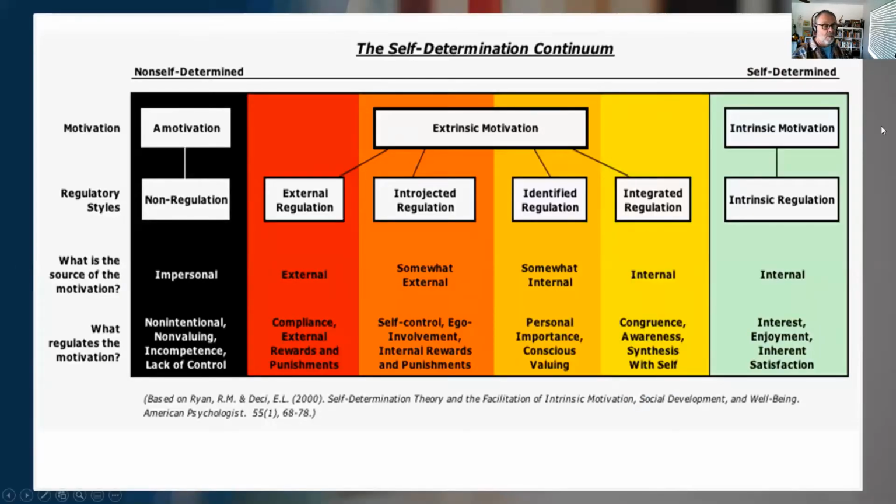So let's think about why students learn. Let's think about their motivation. Very much they're motivated in a range of different ways. Ryan and Deci talk about self-determination theory, and for adult learners, those who are not in compulsory education, this issue of self-determination is quite important.